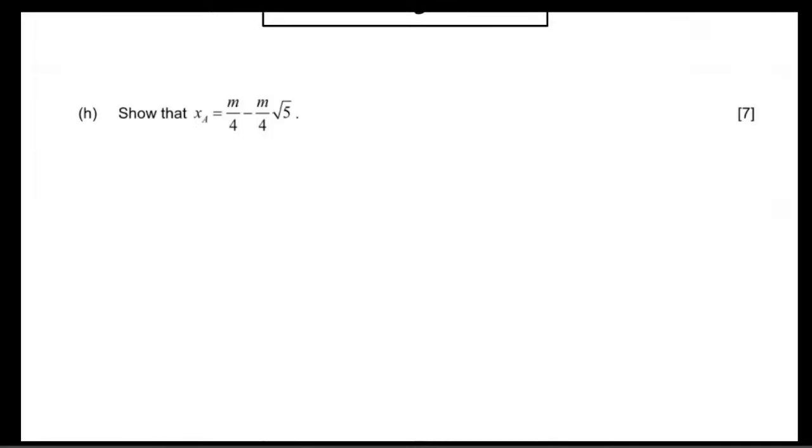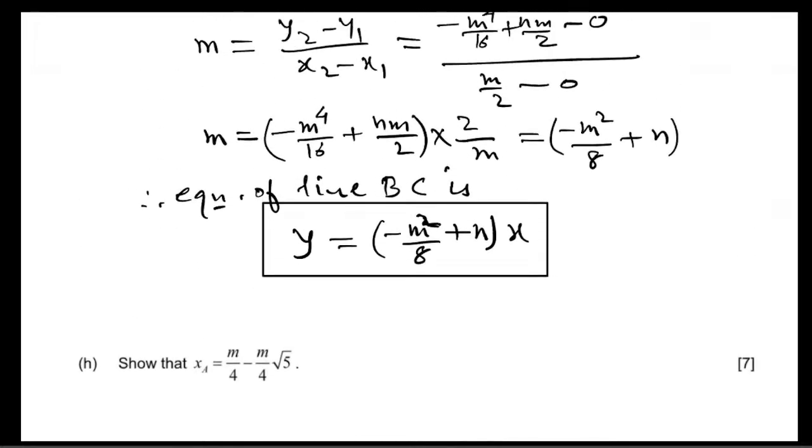Now the H part says show that xa is m by 4 minus m by 4 into root of 5. This is what we have to show. To show that, we have to solve simultaneously this equation with the equation of the curve.